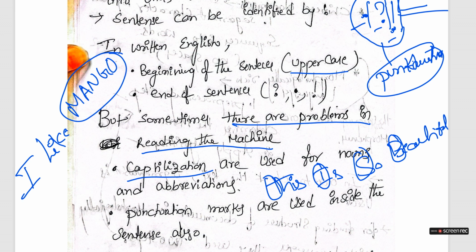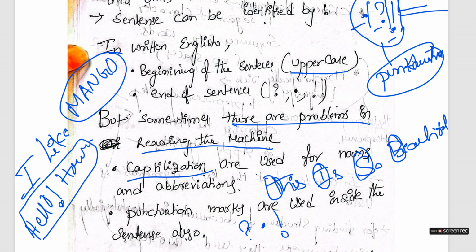Question marks, full stops and exclamation marks are also used inside sentences. Sometimes like this: "Hello, how are you?" That time also the machine will get confused, right?